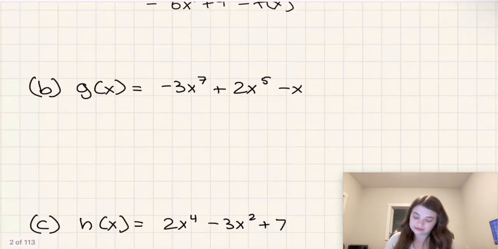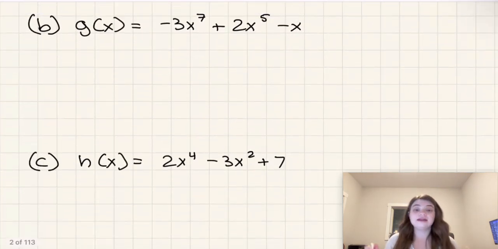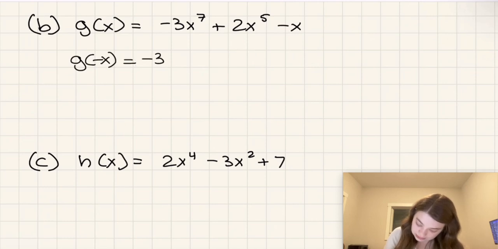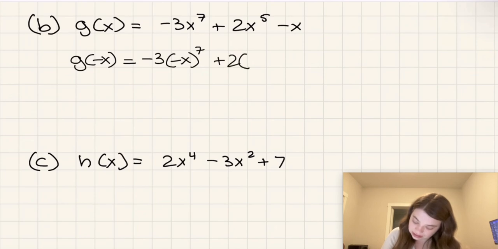Okay, let's try another. First of all, we need to find g of negative x. So g of negative x is equal to negative 3 times negative x to the power 7 plus 2 times negative x to the power 5 minus negative x.